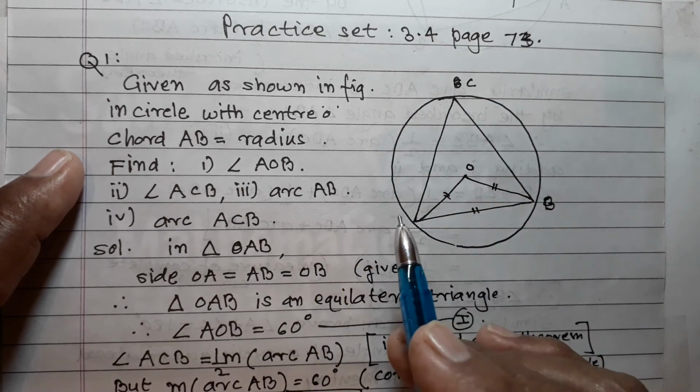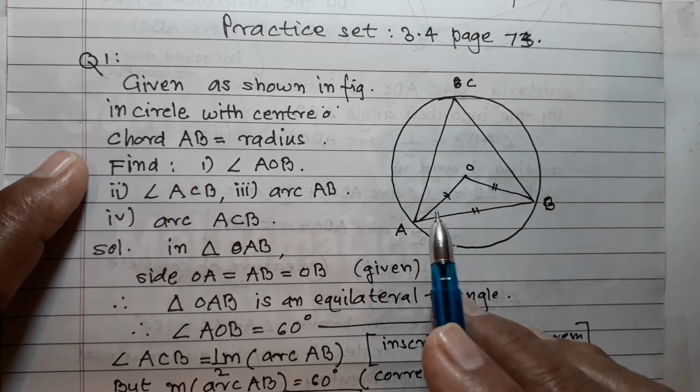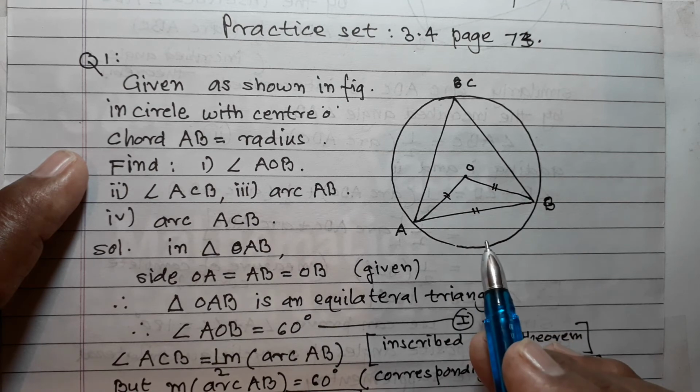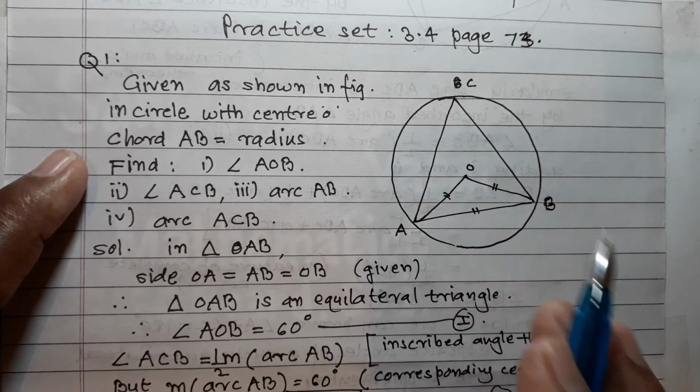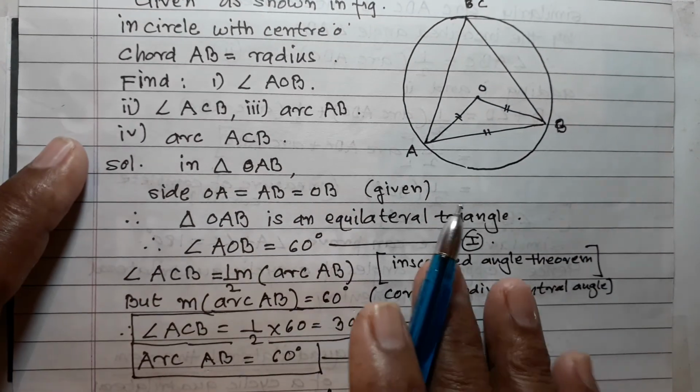So the measure of the major arc ACB is equal to 360 minus minor arc AB, and that gives you 300.